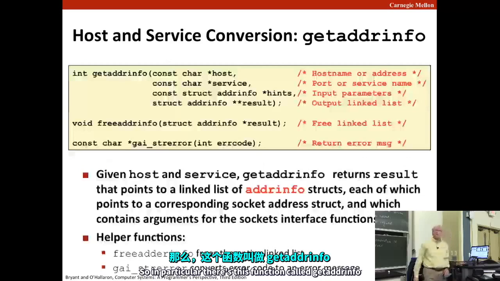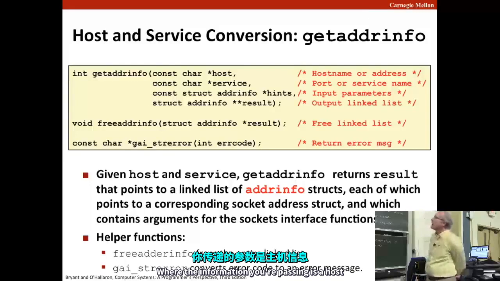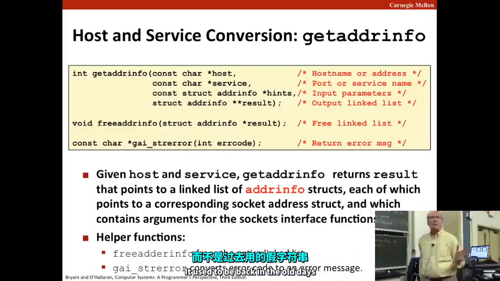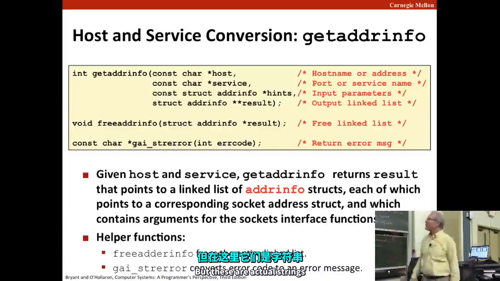In particular, there's this function called getaddrinfo, where the information you're passing is a host, which is a string, as it shows. Most of these are char stars, actual real strings, not fake strings. Back in the old days, you used char star as a generic pointer because there weren't void stars, but these are actual strings.